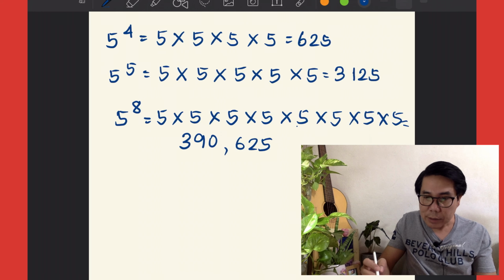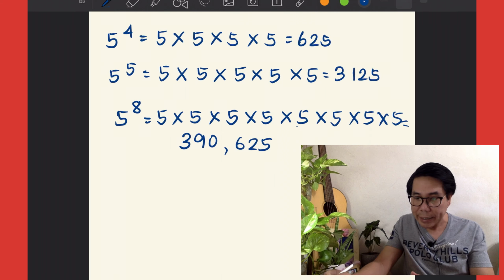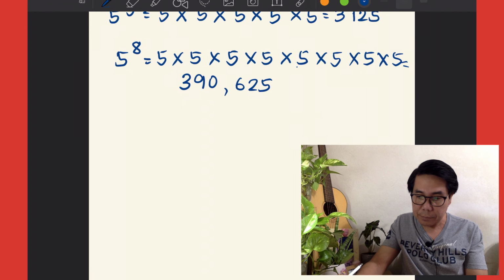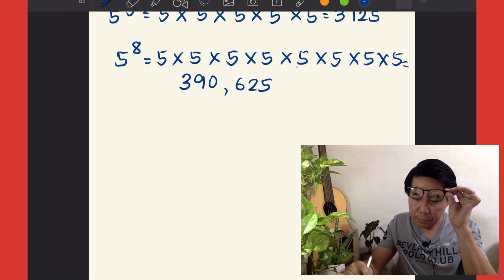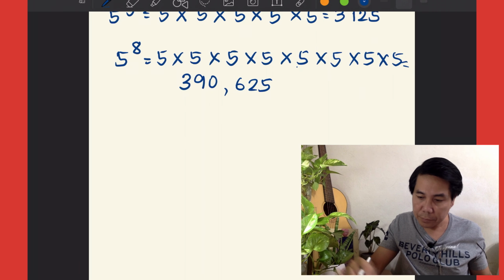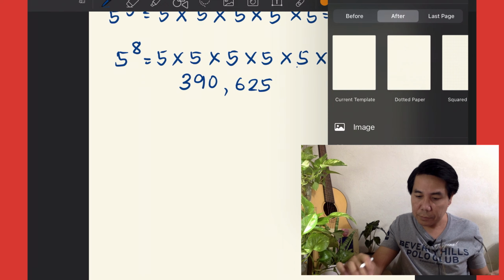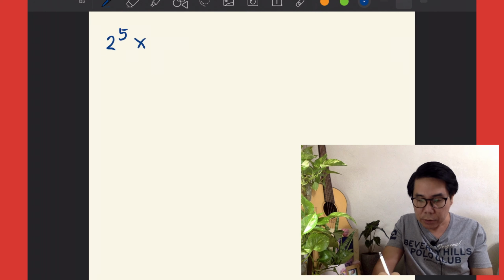Now, how do we multiply indices? Let's say we have 2 raised to the power of 5 times 2 raised to the power of 6.